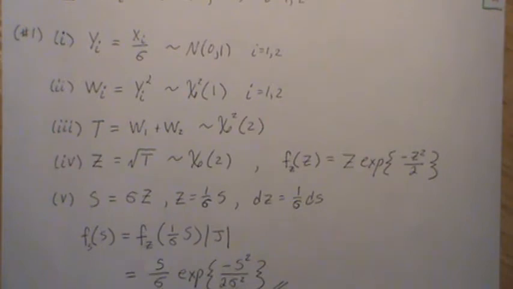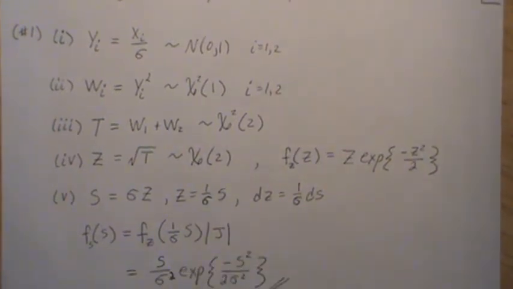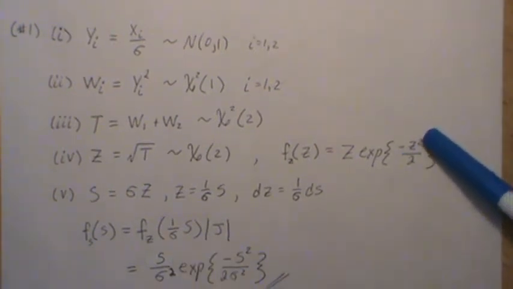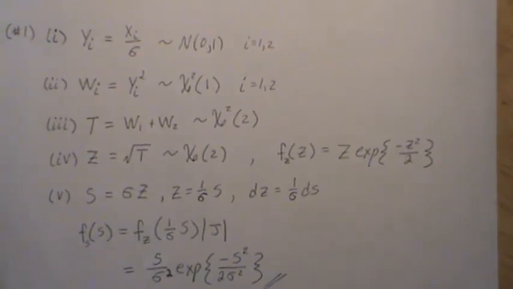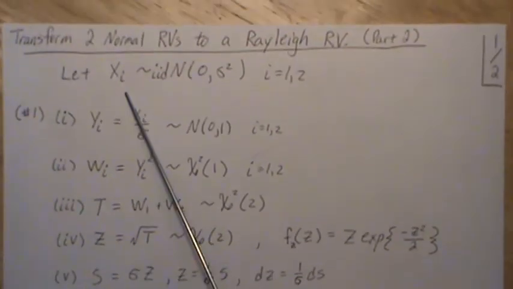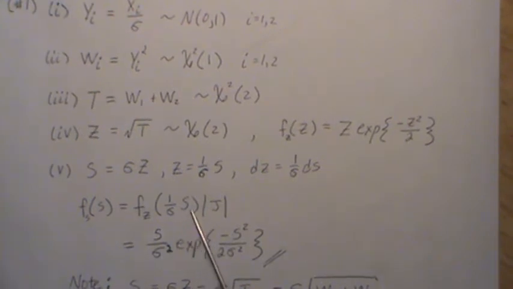And we have e raised to the, and if you plug in this for z, you get minus s squared over 2 sigma squared, which is the Rayleigh distribution. So we've taken standard normals and transformed them to a Rayleigh distribution. Now, why is this?